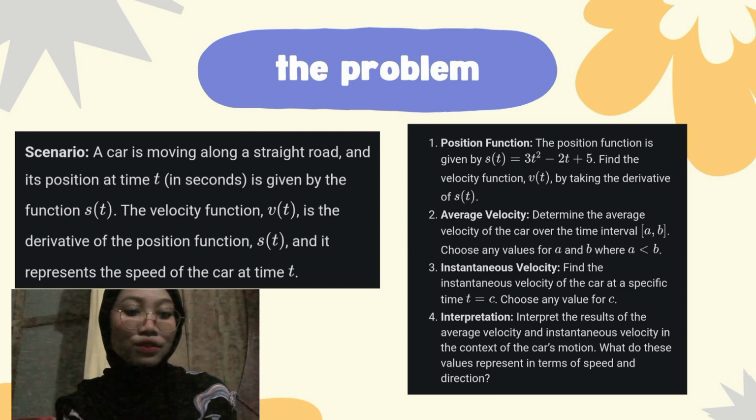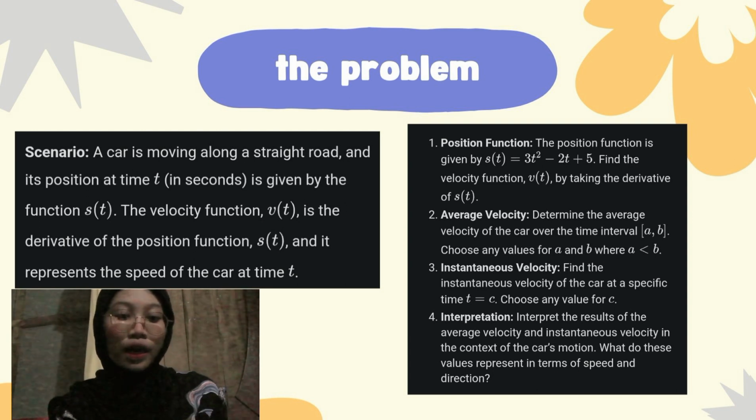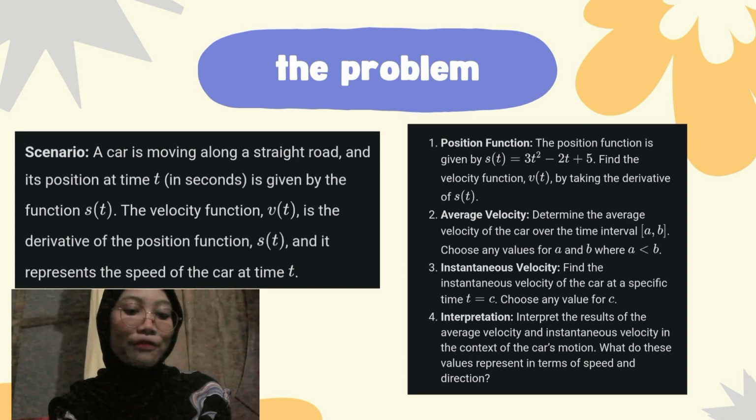Find the instantaneous velocity of the car at a specific time t equals c. Choose any value for c. And next, for interpretation, interpret the results of the average velocity and instantaneous velocity in the context of the car's motion. What do these values represent in terms of speed and direction?